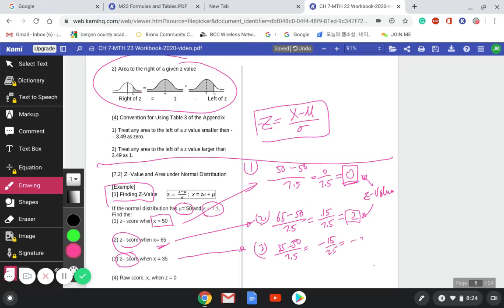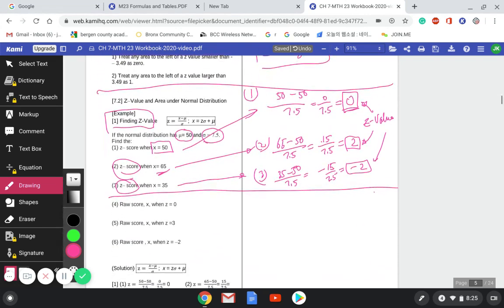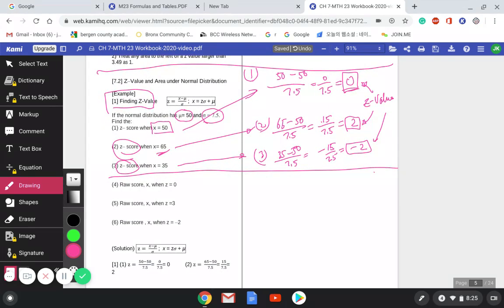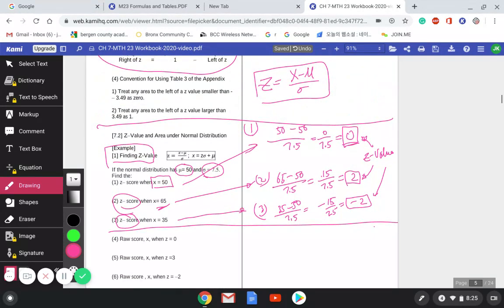So your z value in this case becomes negative 2. Those are examples of how to find the z value when x, mu and sigma are given. To find the z value, the x, mu and sigma have to be given.